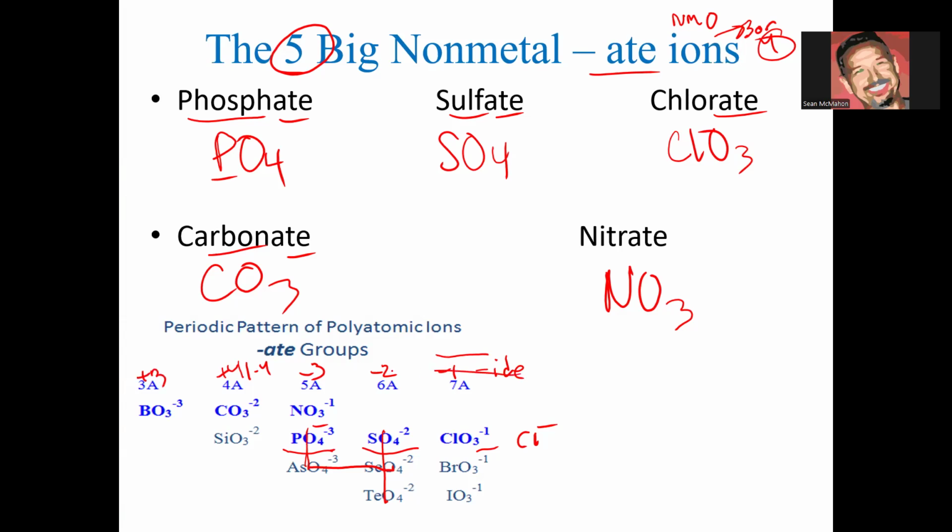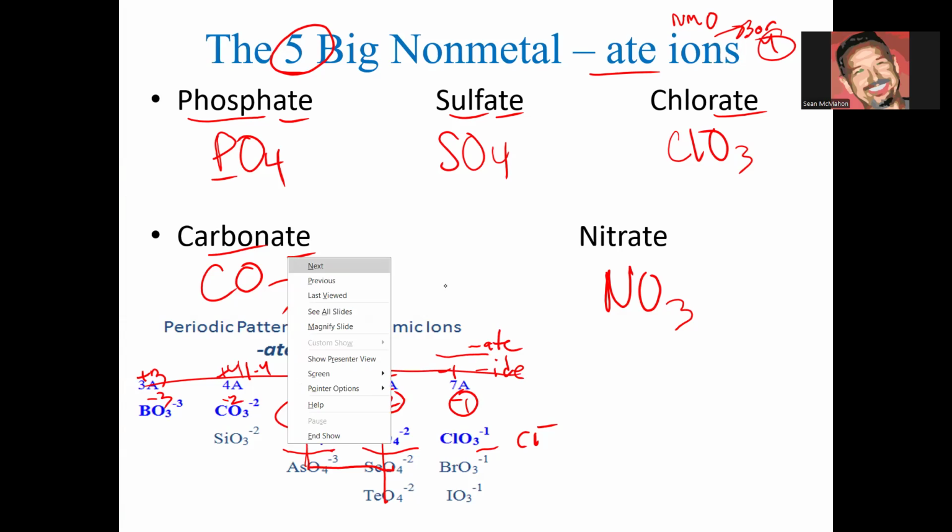So we're not using that. That's the ide. We're using the ate, which are polyatomics. And it's very similar. -1, -2, -3, with the exception of nitrate. Then it gets weird. It goes -2, -3.